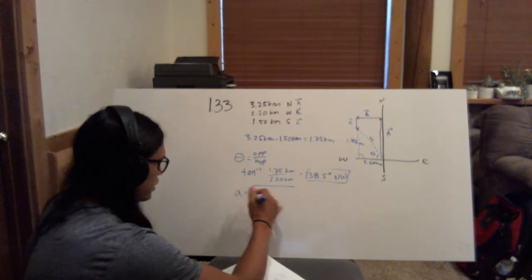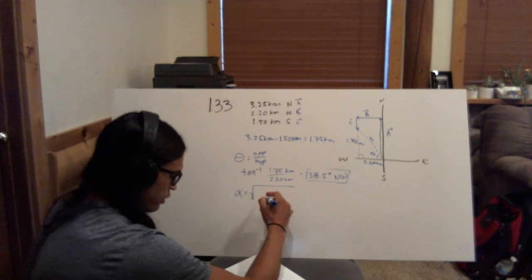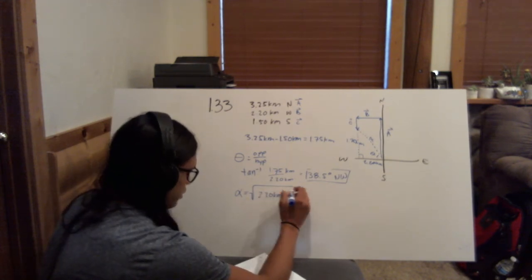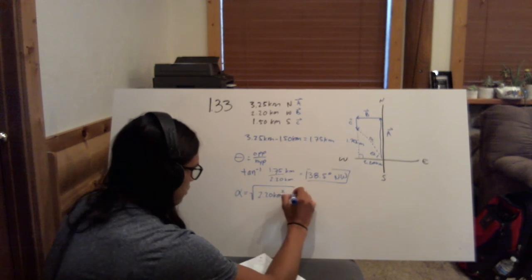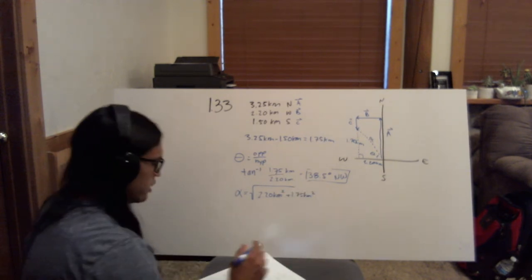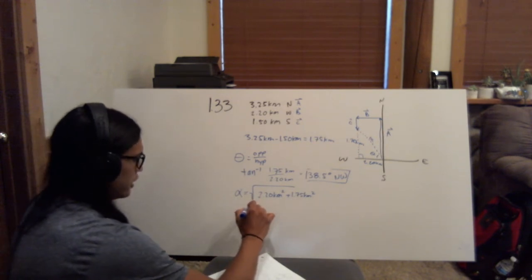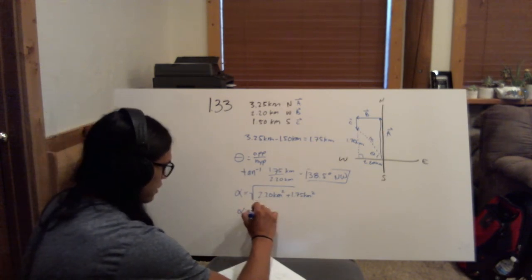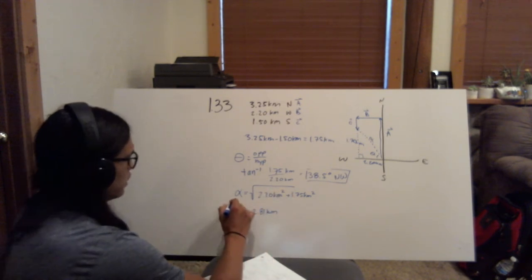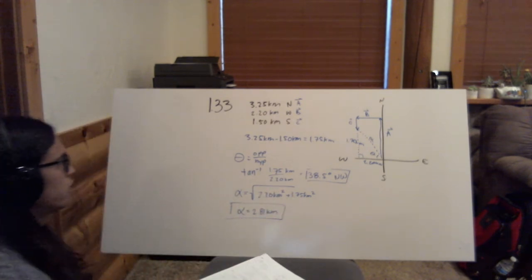So it's going to be alpha equals the square root of 2.20 kilometers squared plus 1.75 kilometers squared. And if you plug that into your calculator, you get alpha equals 2.81 kilometers. And that is the other answer for number 33.